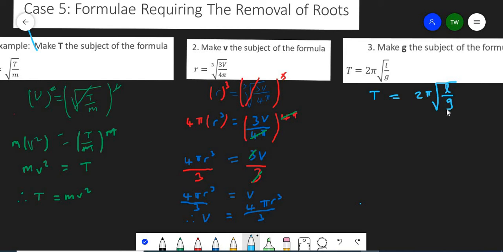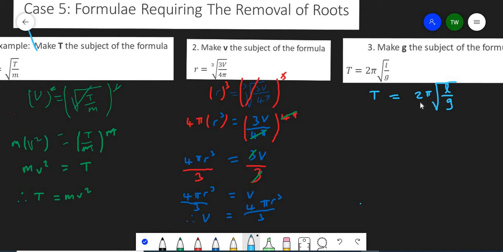Now we are asked to make G the subject, right? But before we can even make G the subject, first thing that we'll need to do is to transfer 2 pi to the other side of the formula. Why is this so? 2 pi is multiplying the square root of L over G. So that means we need to get rid of the 2 pi first.